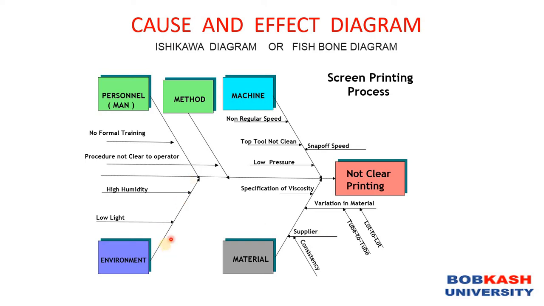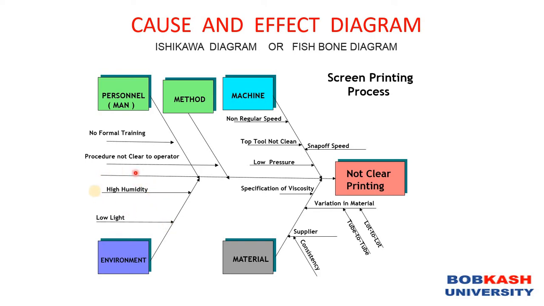What about environment? There could be reasons in the environment because of which we are not getting clear printing, that means we are seeing the effect of not clear printing. What could be the reasons in an environment? There could be low light, that means the operator is working under low luminosity.